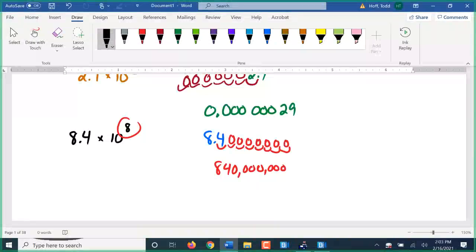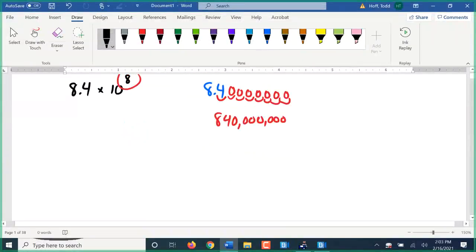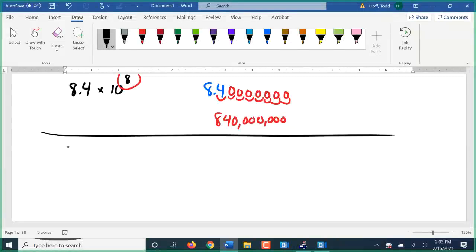So then the flip side of that is going from standard notation into scientific notation. If I have a number like 650 million, to change that into scientific notation, we first find the first non-zero digit. Here that'll be the 6.